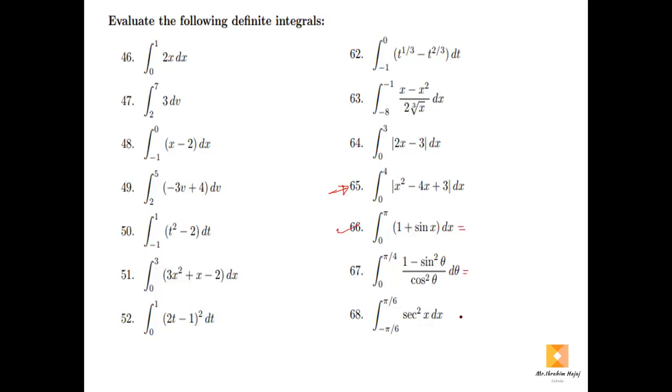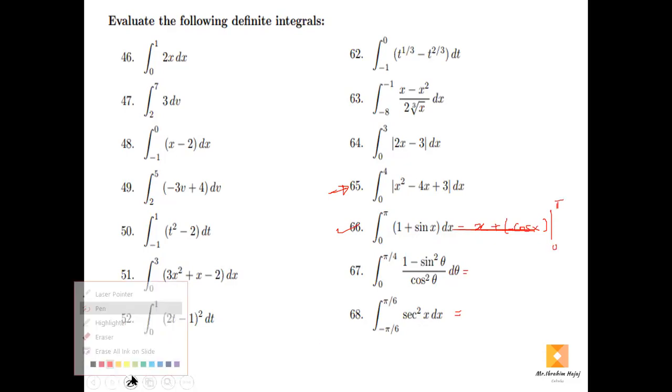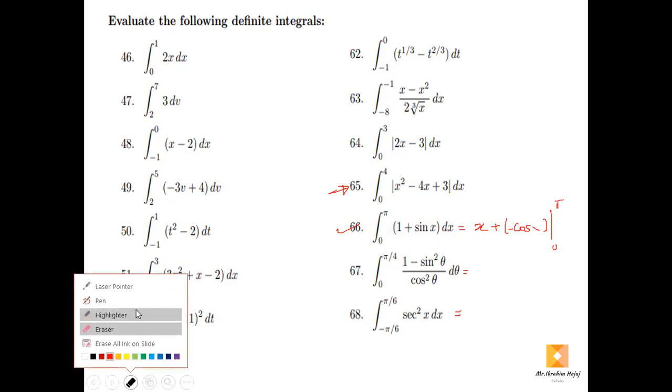Who solved this question? From 0 to pi of 1 plus sine x. I solved 66, Mr. The integral of 1 becomes x, and the integral of sine is negative cosine x, and then you evaluate from 0 to pi. I got pi minus 1.